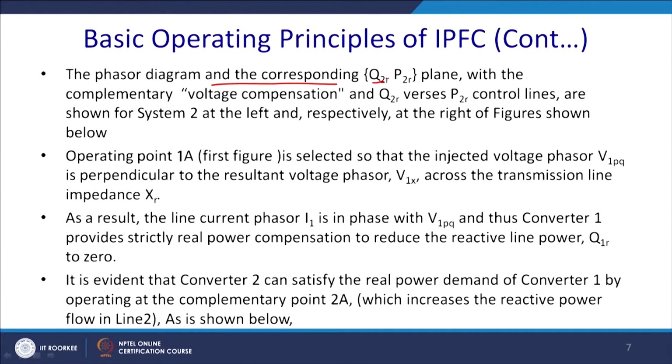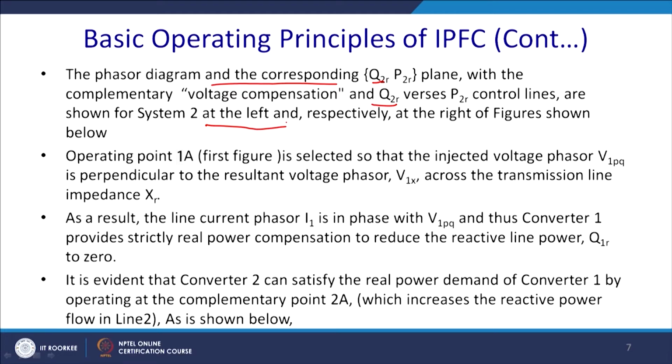Thus, what we can take away from this discussion are the phasor diagrams of the corresponding Q to R and P to R plane, with complementary voltage compensation of Q to R and P to R versus control line, as shown in system 2 at the left and at the right hand of the figure shown below.